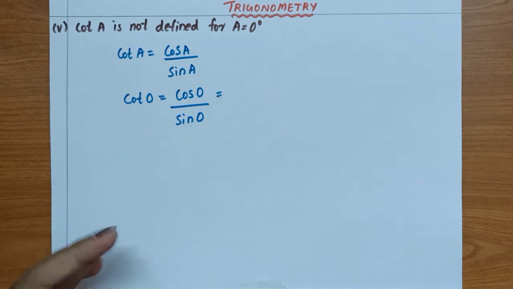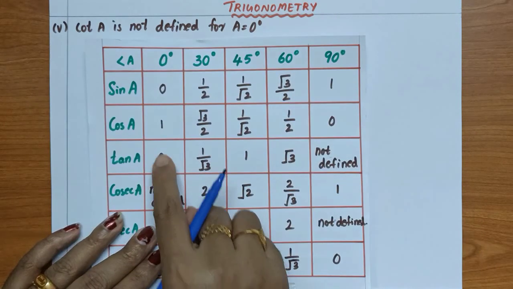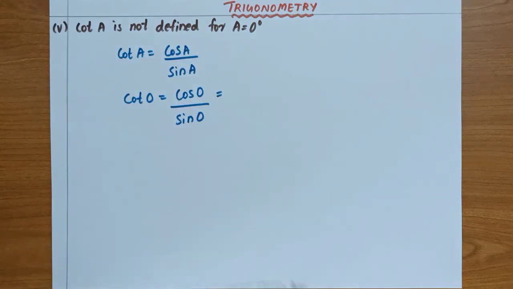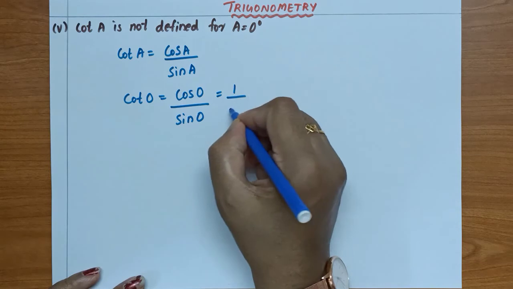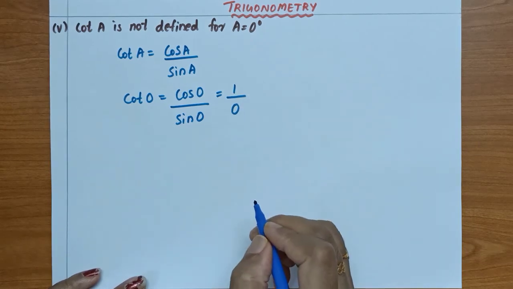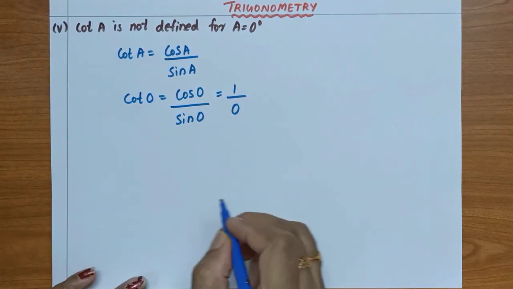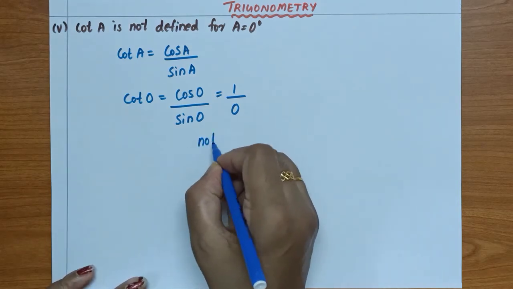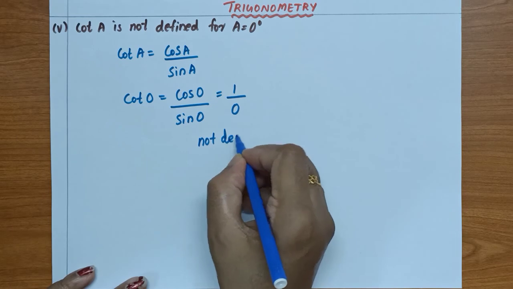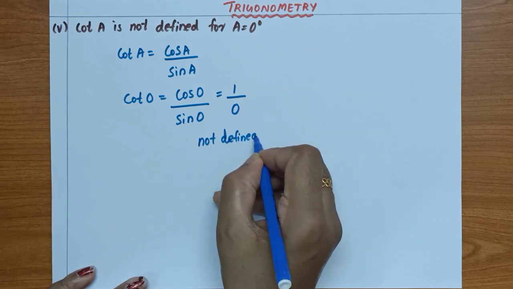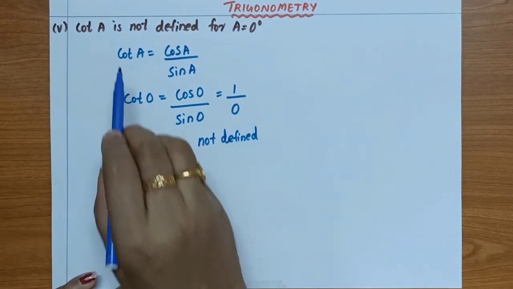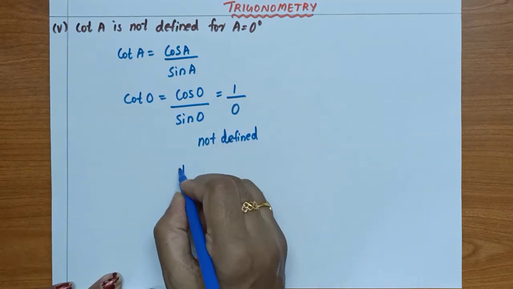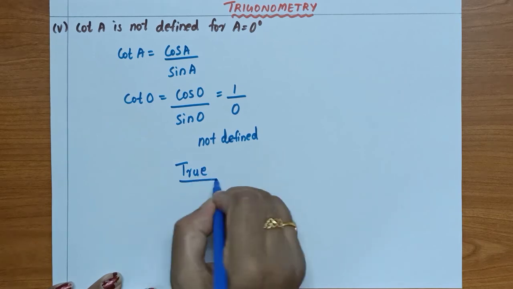Cos 0 is 1, sin 0 is 0. So cot 0 is 1 by 0, and 1 by 0 is undefined. That means it is not defined. So the given statement, cot A is not defined for A equal to 0 degree, is a true statement.